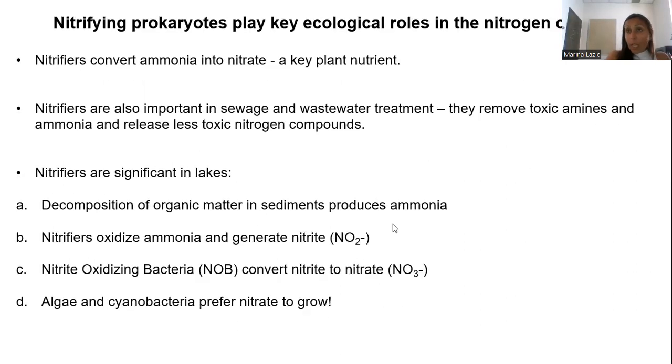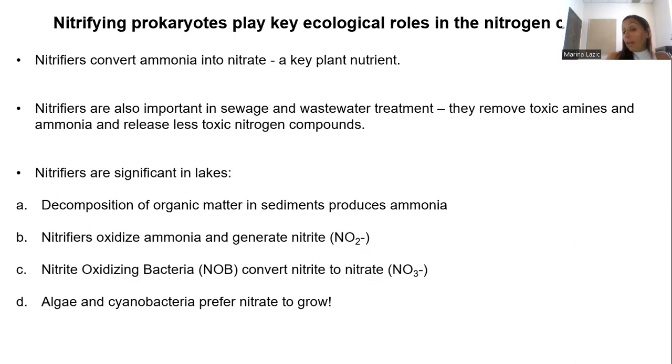Now, here I probably should mention that AOB and NOB complete nitrification together, but there is a group of organisms called COMAMOX, which stands for complete ammonia oxidation. These organisms do oxidation of ammonia all the way down to nitrate.